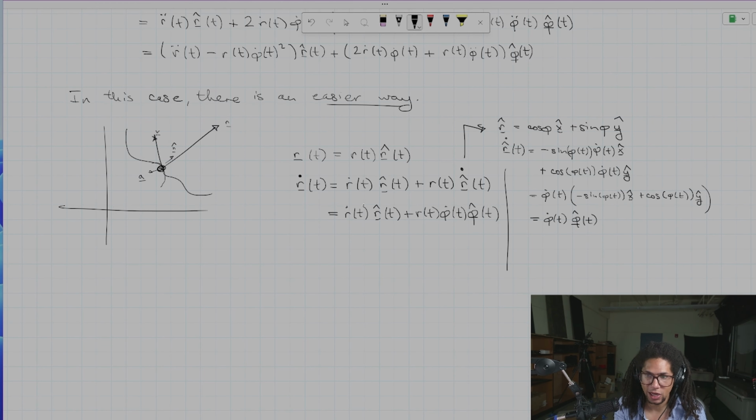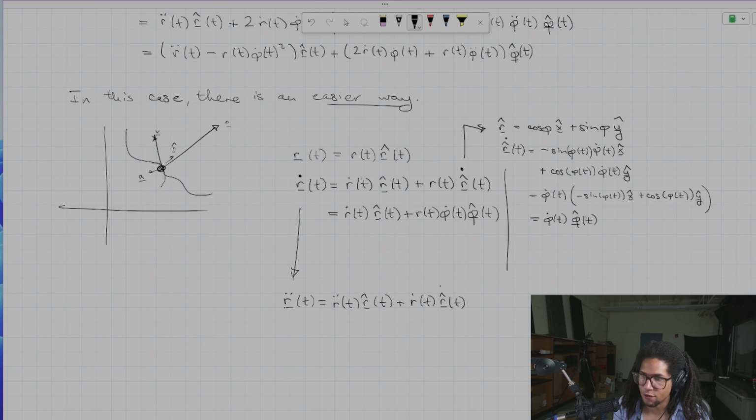So that is the velocity vector, r dot of t. Now what about the acceleration vector? Well, I'm just going to play the same game again. r double dot of t will equal, for the first term, I'll use the product rule: r double dot of t, r hat of t, plus r dot of t, r hat dot of t.